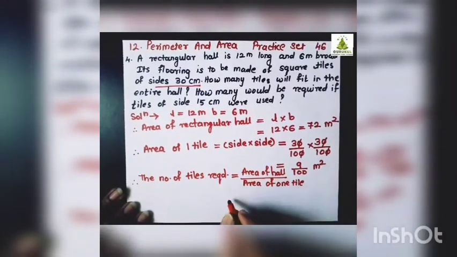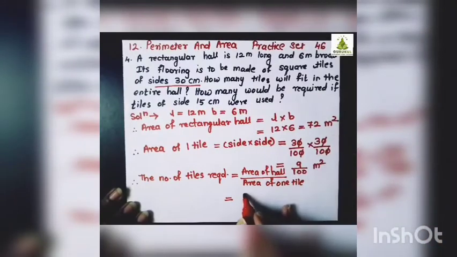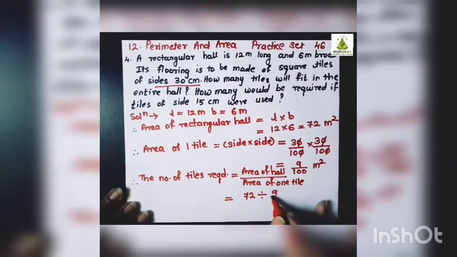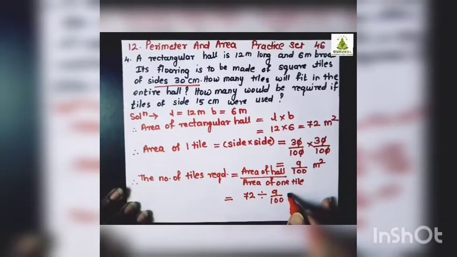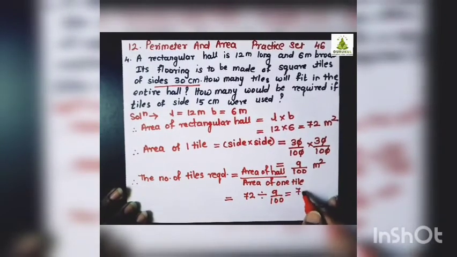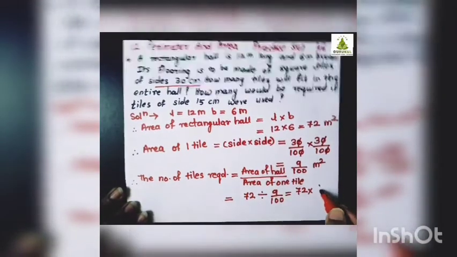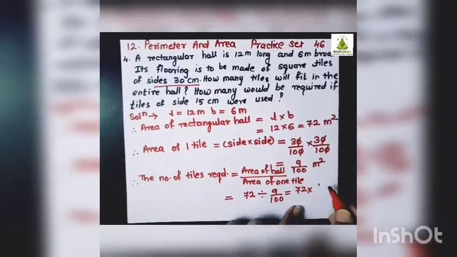Okay, so area of hall is 72 divided by 9 upon 100. Okay, so division sign, if I want to remove, it will become what? Its reciprocal. So 100 upon 9.